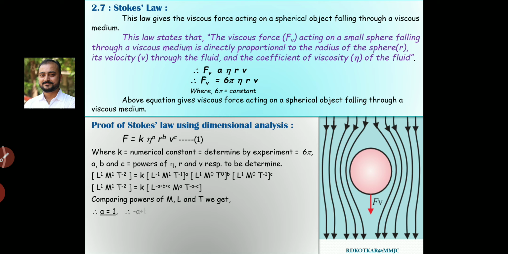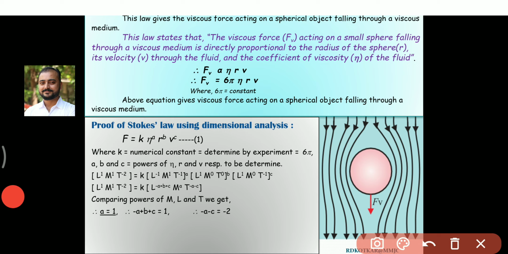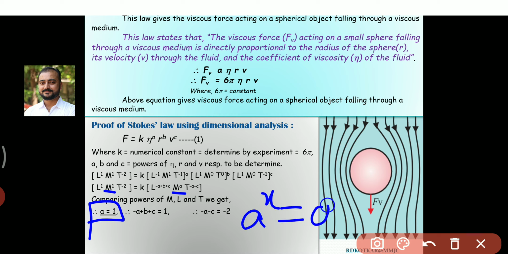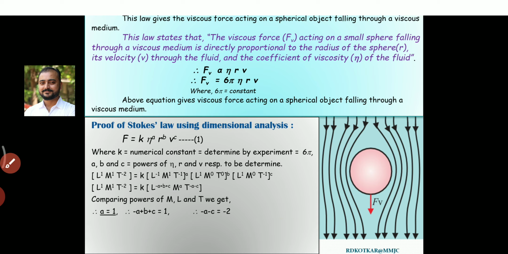In the first case, as you observe, the power of M on both sides is 1, therefore A equals 1. We are simply comparing the powers, as the base is the same, so if the bases are the same then X is equal to Y. In this manner, we have A equals 1.